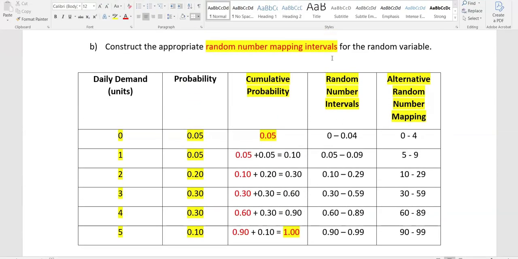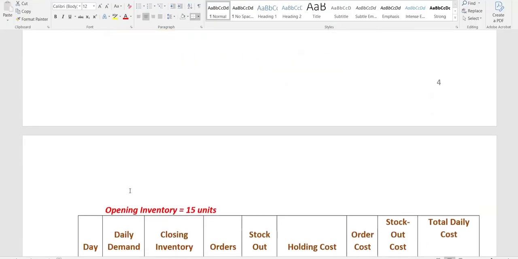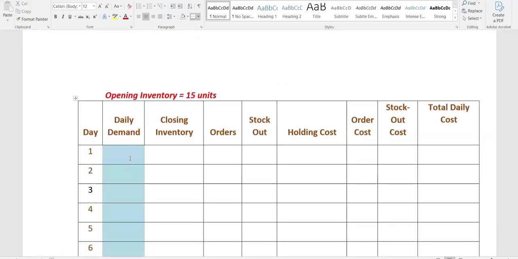Go up to the random number table that we created and say, where would 57 fall in the random number intervals? It would fall between 30 and 59. Therefore, the predicted demand for day 1 is 3. And you put 3 here. Daily demand 3.